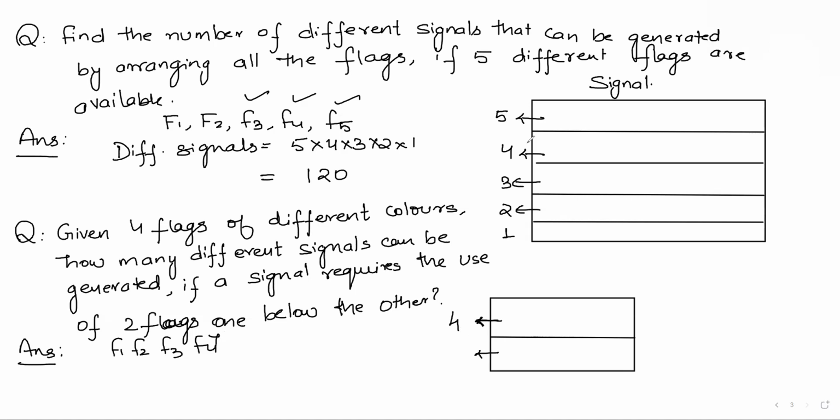I guess you have some mic issue, Yusra. You can reply on the chat box. If you have used one, then this one has three options. So total signals are 4 into 3 is equal to 12. Okay, Yusra, is this clear?